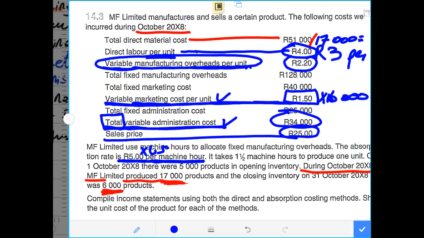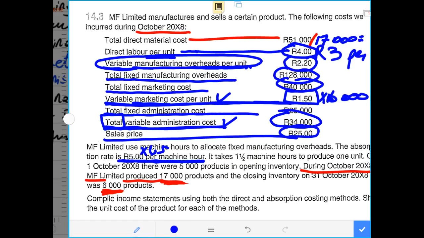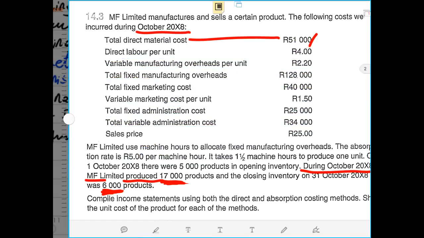We had total fixed manufacturing overheads, which is 128,000. Total fixed marketing cost, which is 40,000. We also had total fixed administration cost of 25,000 rands.